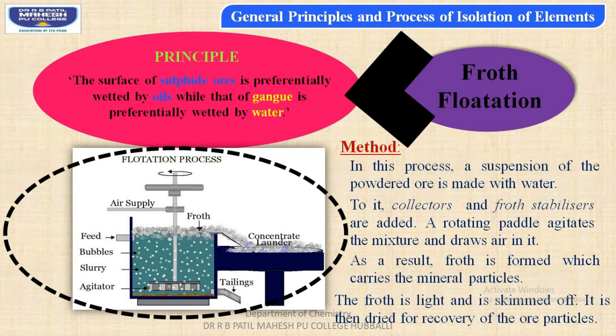By this process, students, it is very clear that the gangue particles, that is impurities, are wetted by means of the water, and as they are denser, it would be settling at the bottom of the vessel. Whereas the ore particles, they are preferentially wetted by the oil.